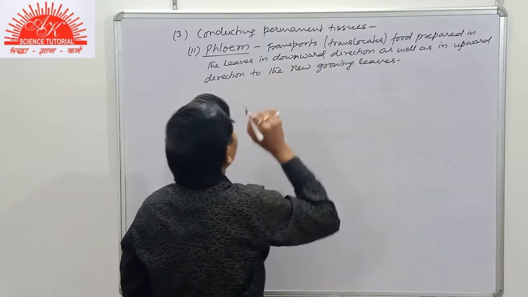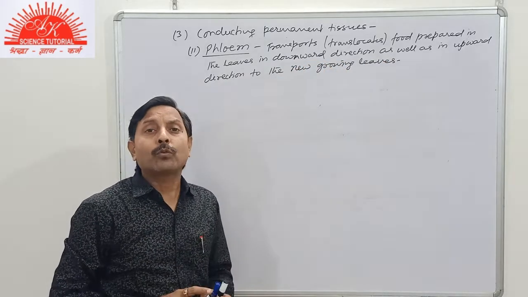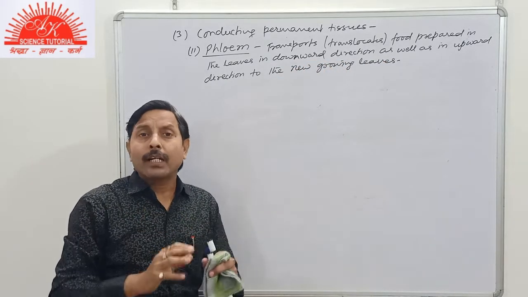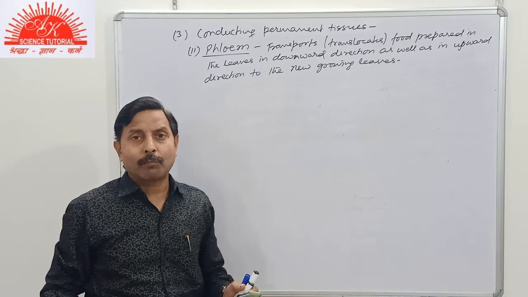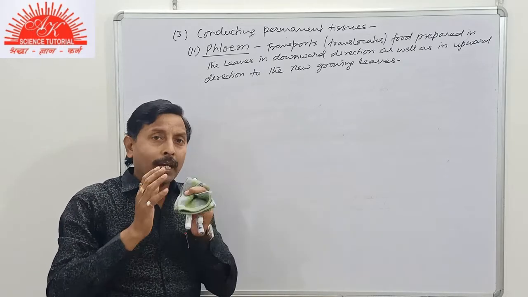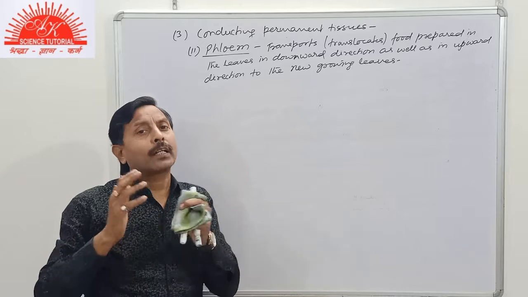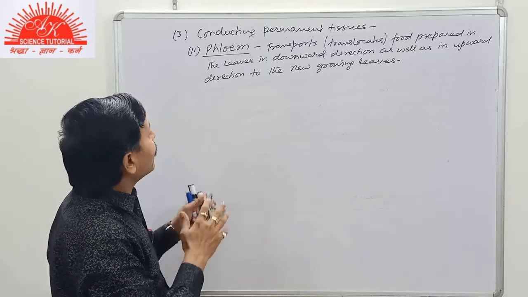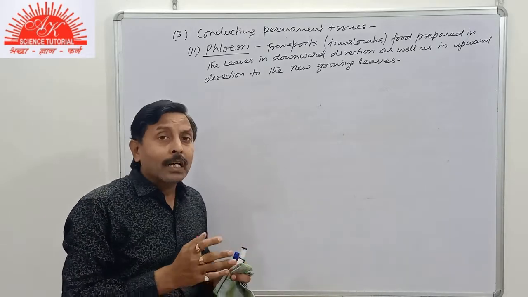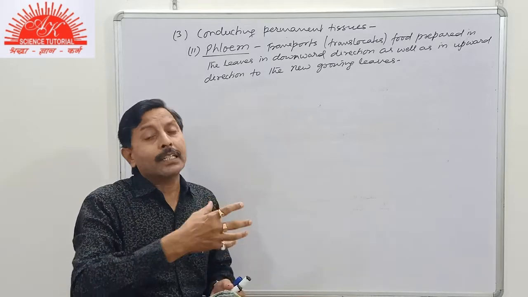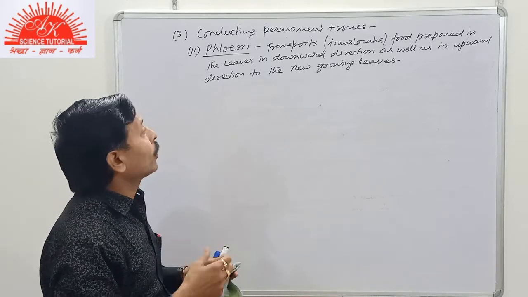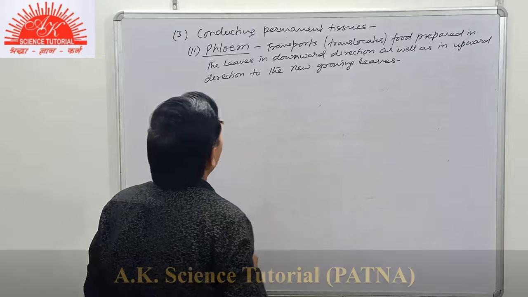So the function of phloem is mainly to transport food prepared in the leaf to different parts of the plant, even for utilization by the cells for their growth, development, repair, replacement, as well as the surplus of it is stored in the various parts of the plant.